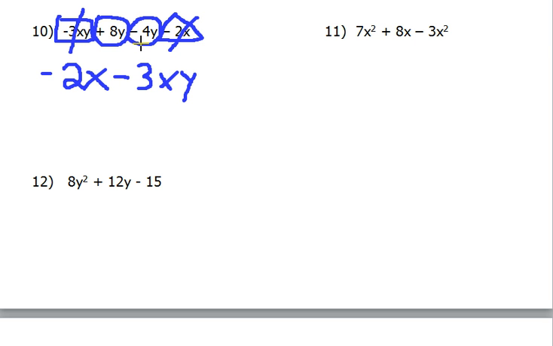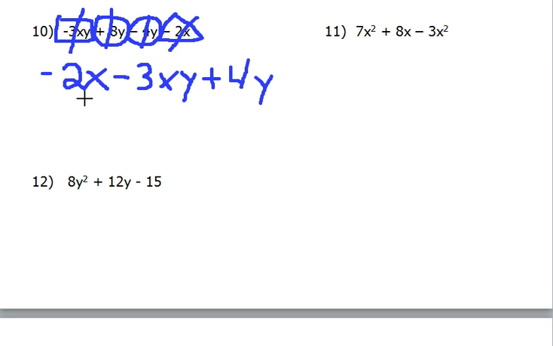Now I'm ready to combine the y terms. 8 minus 4 gives me positive 4, or plus 4y's. And I'm going to cross out these two.